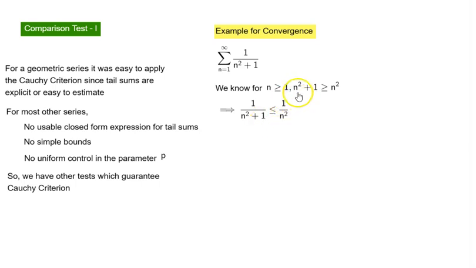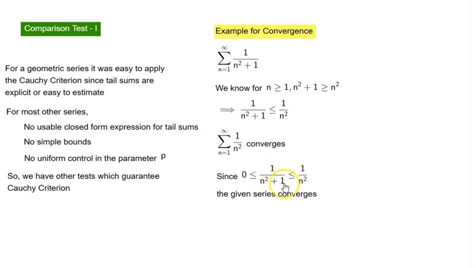That means if we take the reciprocal, the inequality reverses. So 1 by n squared plus 1 is less than or equal to 1 by n squared. So we have found the series that we need to compare this series with. But we know that the series 1 by n squared converges.